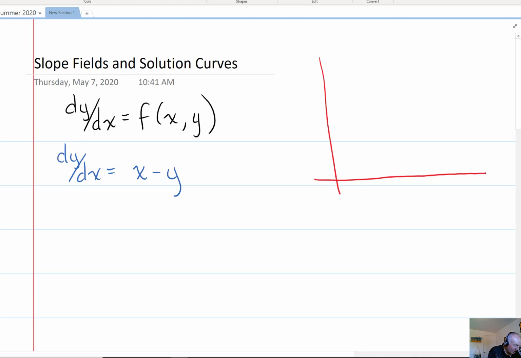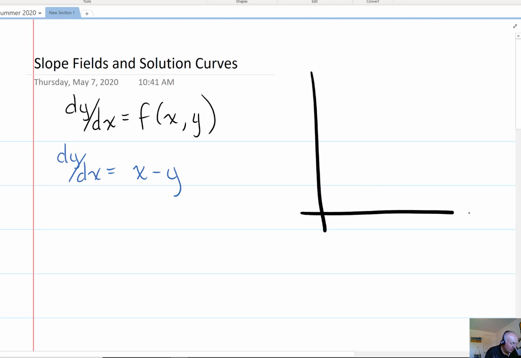Let's say we're looking at the point (1, 1). We know that at that point, the value of y prime is equal to x minus y, the x coordinate minus the y coordinate. So in this case, it would be 1 minus 1, or 0.